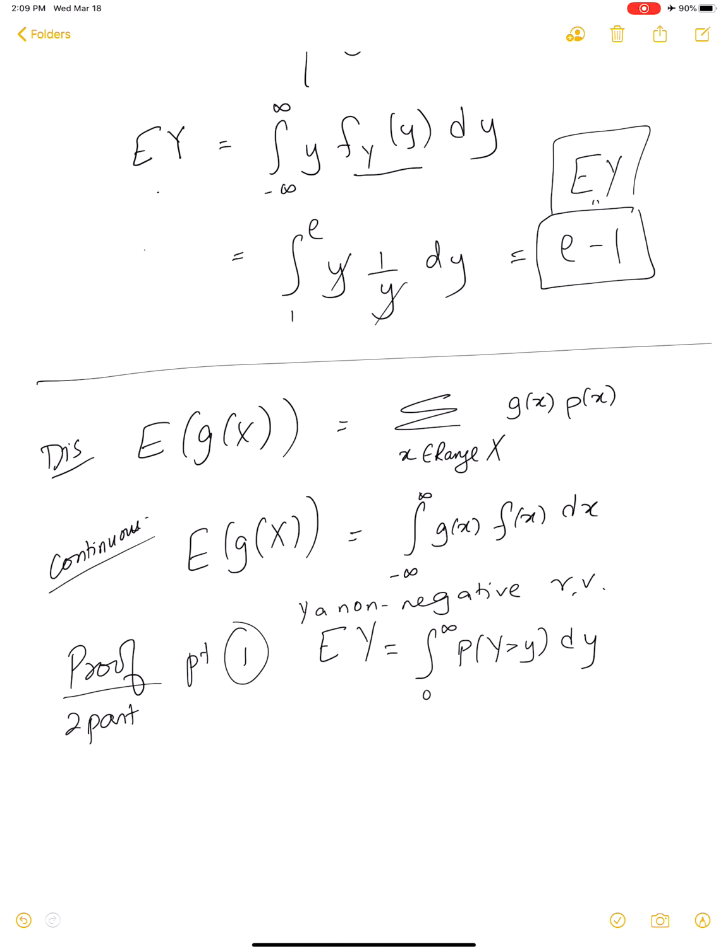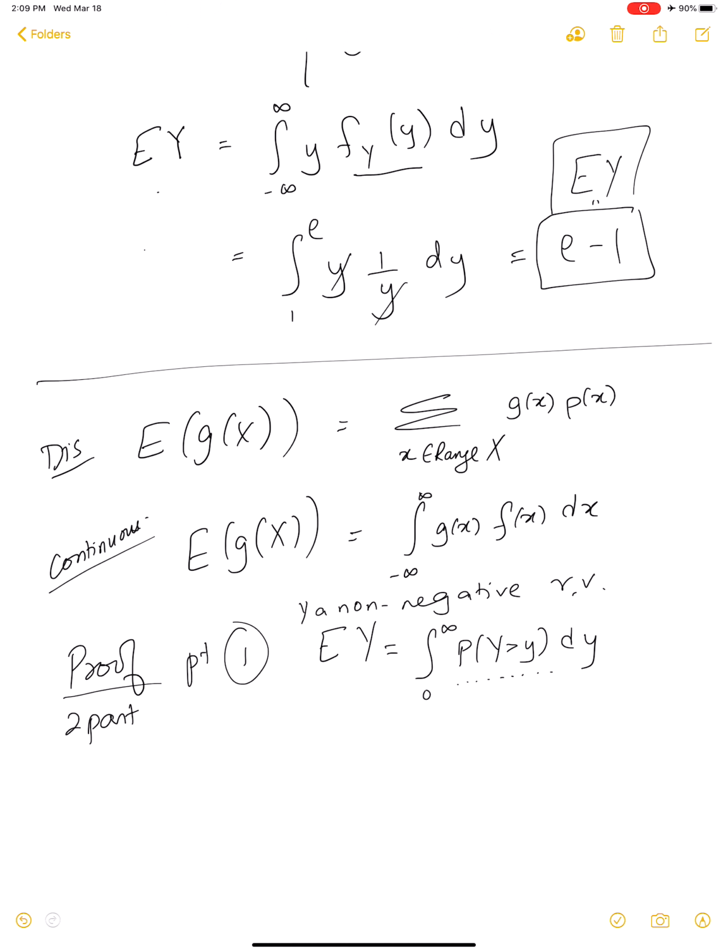Okay, so if you look at this value that you're integrating, it is actually the opposite of the CDF, right? You're looking at where y is bigger than little y. This is the expected value of y.